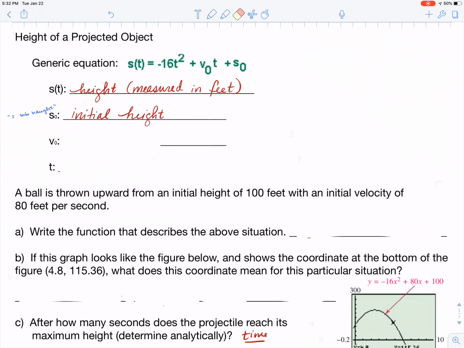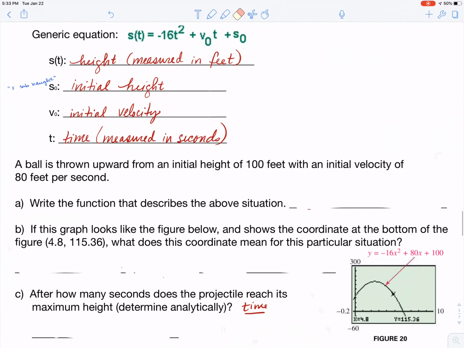S sub naught is going to be my initial height. Where did the ball start? Where does the rocket start? V sub naught is going to be my initial velocity. The rocket started out at a certain velocity, and that would be my initial velocity. T is going to be my time, and time is always going to be measured in seconds.